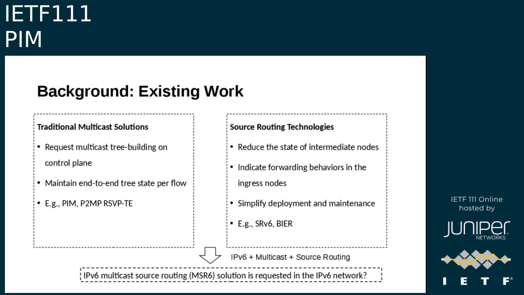Okay, so let's go back to the existing network. We know PIM is the traditional multicast solution. It requires the multicast tree, which is built on a control plane. And there are some new solutions, source routing based, such as BIER. It reduces the state of the nodes, and it can simplify deployment and maintenance.